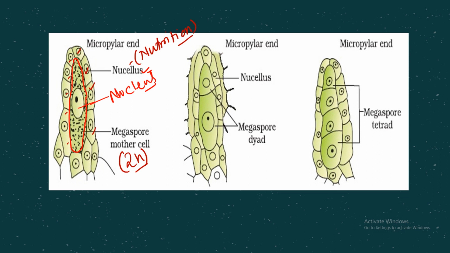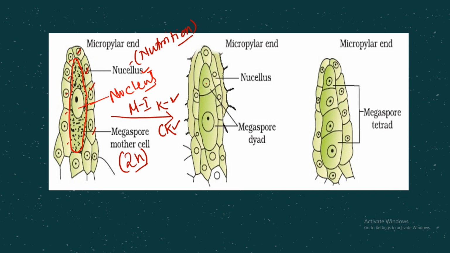Now this diploid megaspore mother cell will undergo meiosis 1. During meiosis 1, first there will be karyokinesis. Due to the karyokinesis, two nuclei will form, and after that there will be cytokinesis. Due to that, a cell wall will form between the two cells.